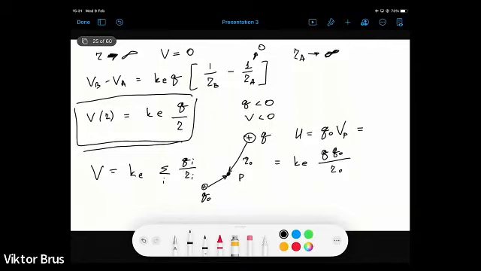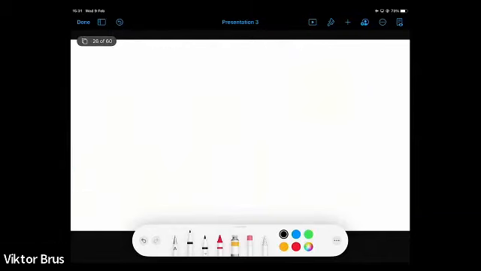So now we can proceed to our next important topic of today's discussion. That is the relationship, or in other words, obtaining the value of electric field from electric potential distribution.